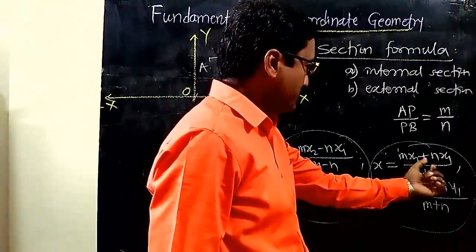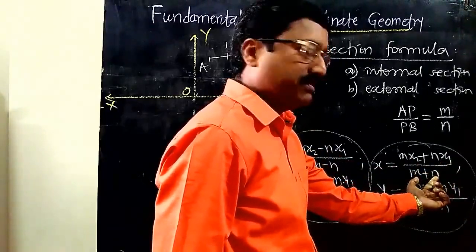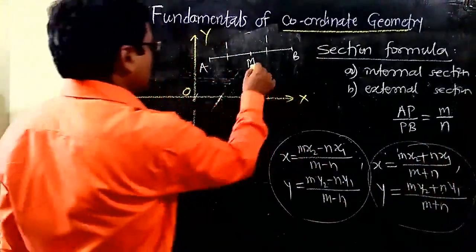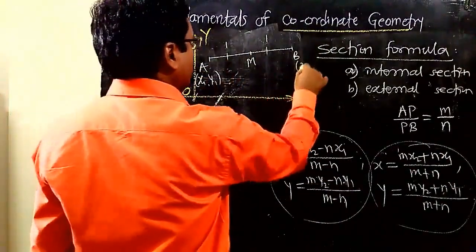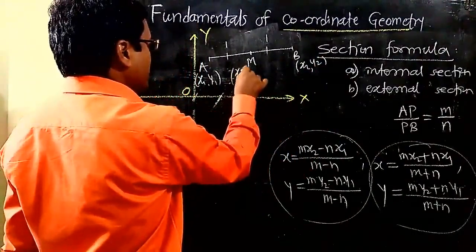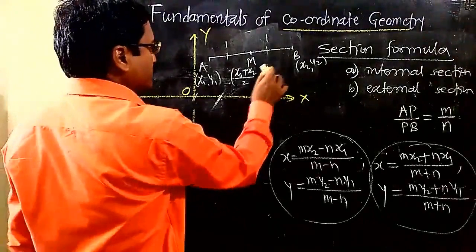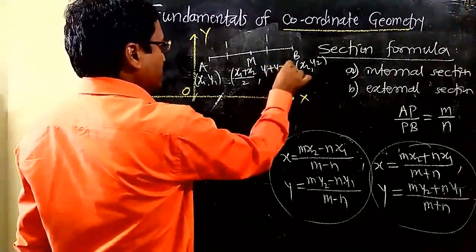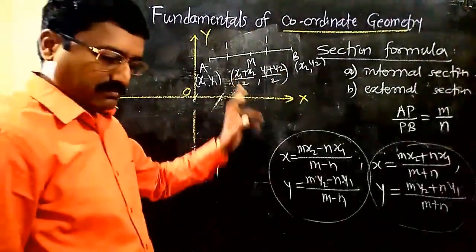So we get the formula as x1 plus x2 upon 1 plus 1, that is 2. So if the coordinates of A are x1 y1 and the coordinates of B are x2 y2, the coordinates of M will be x1 plus x2 upon 2, and the y coordinate will be y1 plus y2 upon 2. So this is the midpoint formula.